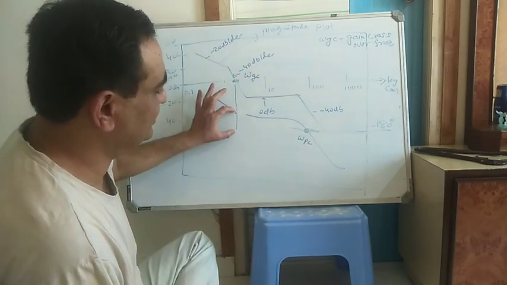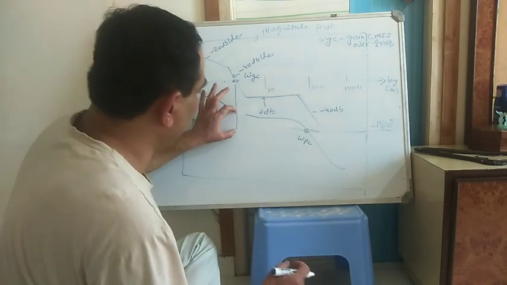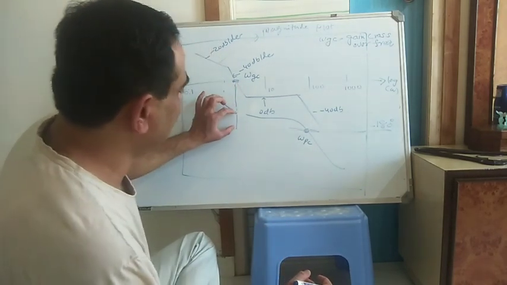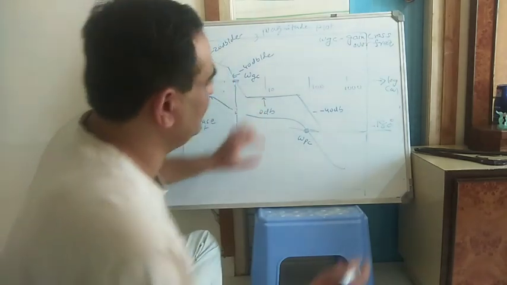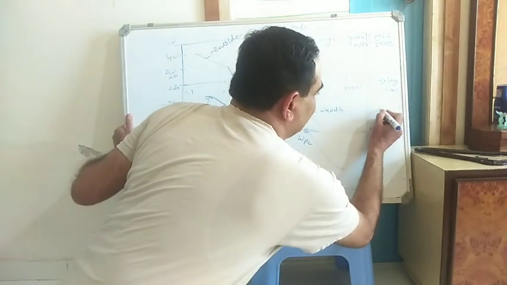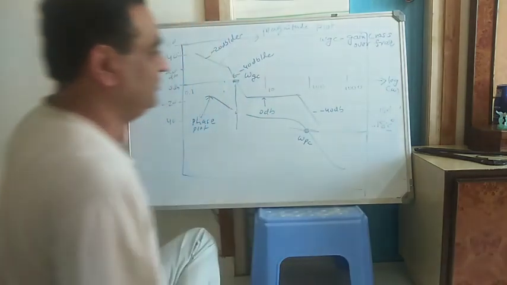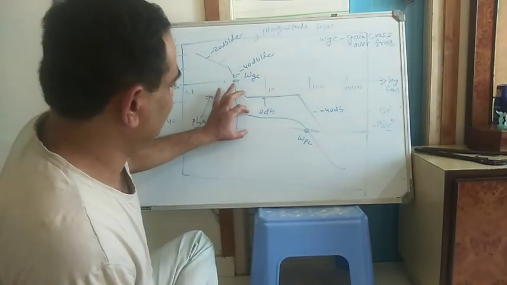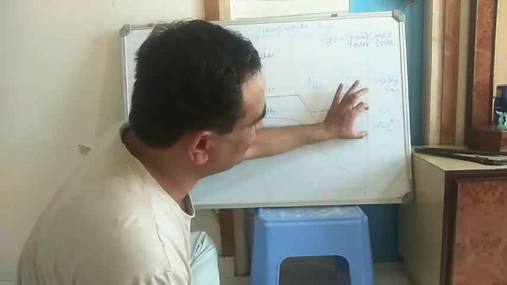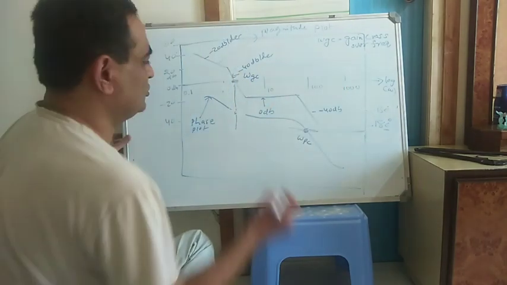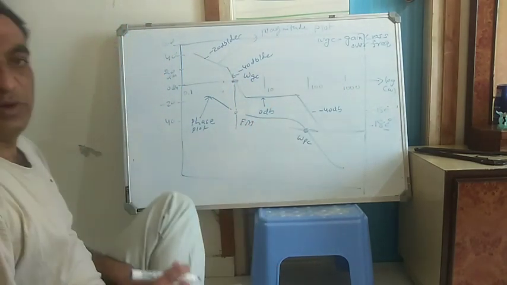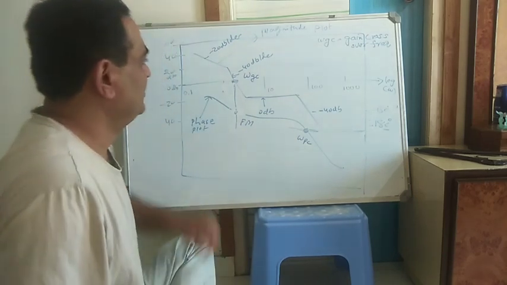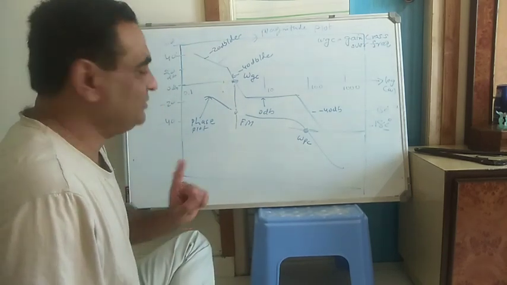So this is the phase. Since this is the phase plot axis, maybe this is minus, let's say, 150 degrees. So this gap is a 30 degree gap. This is known as phase margin. How to get phase margin?